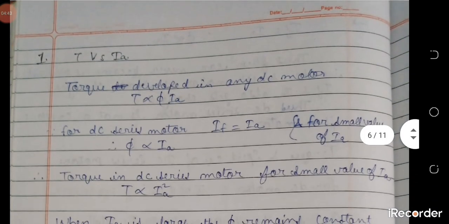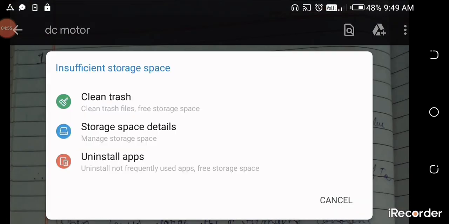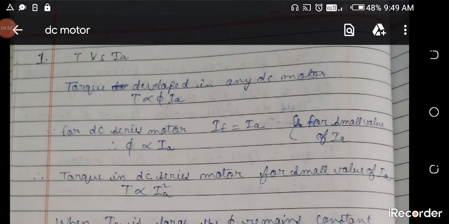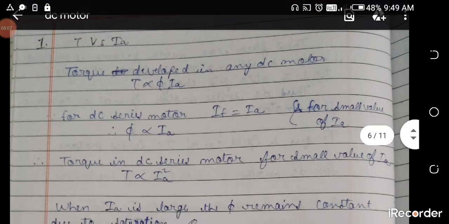Now characteristics of DC series motor. First is T versus Ia. Torque developed in any DC motor, we know that T is proportional to phi multiplied by Ia. For DC series motor, If equals Ia, so phi is proportional to Ia, and for a small value of Ia, T is proportional to Ia square.